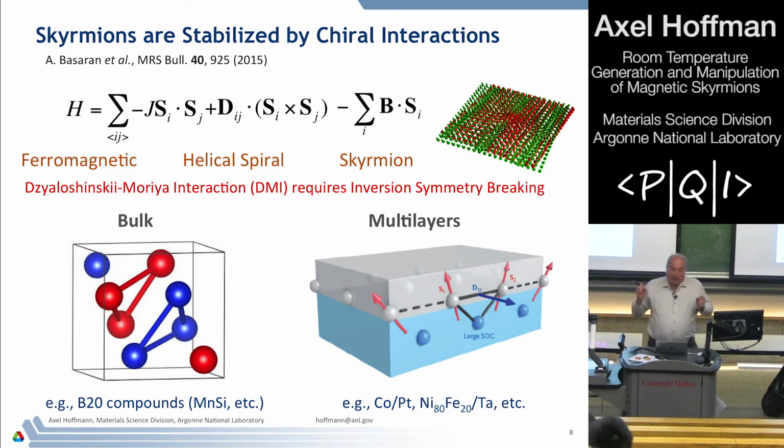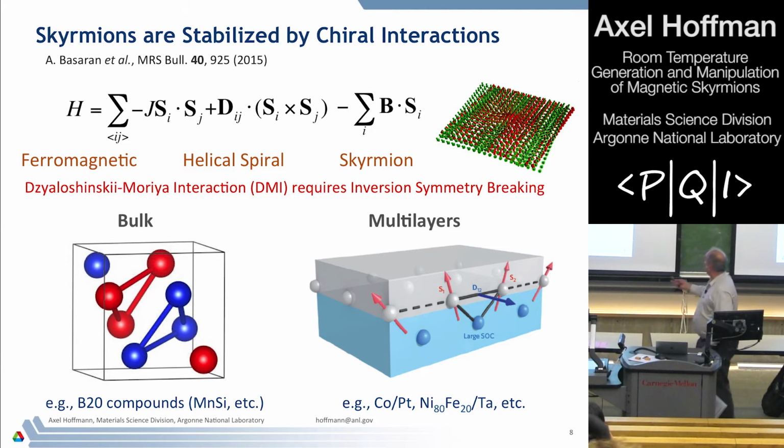What this means, if you have both of these interactions in your system, the spins are neither fully parallel to each other nor fully perpendicular. They strike a happy medium in between, some angle in between, which just depends on the ratio of these two interactions. And hence, in these helical ordered magnetic structures, the spin spirals in a certain way.